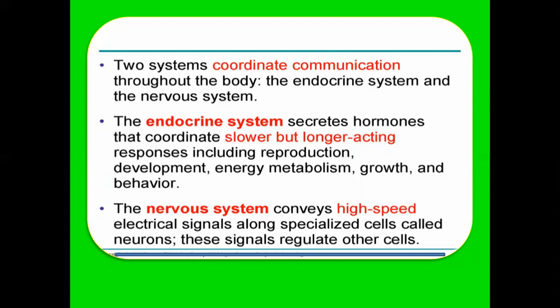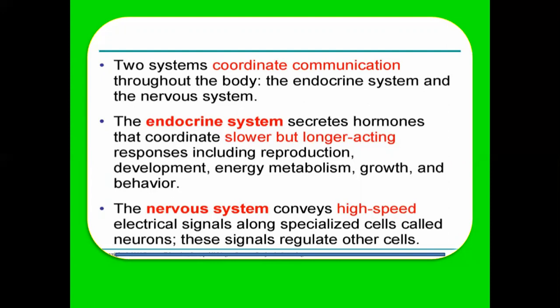Plants have only chemical coordination, and this chemical coordination in plants is done by chemicals, and these chemicals are in the form of hormones. Chemical substances are called hormones. Is it clear?